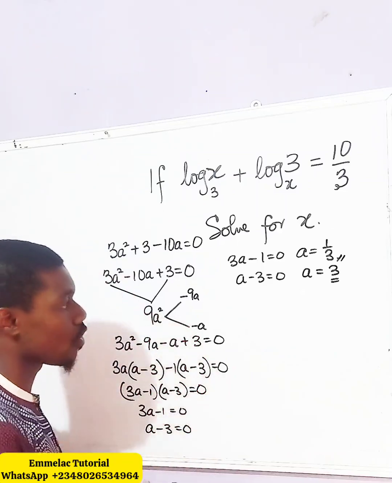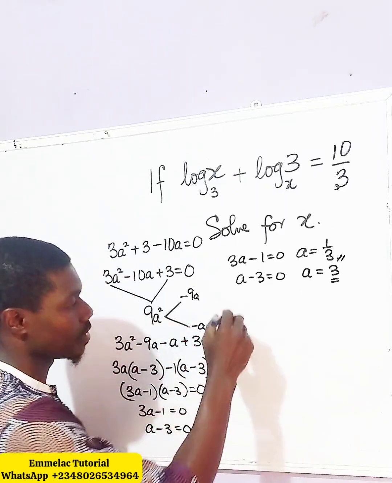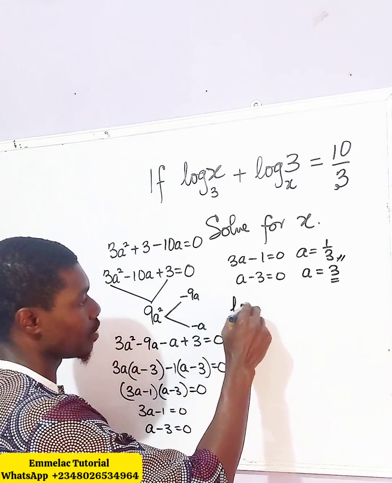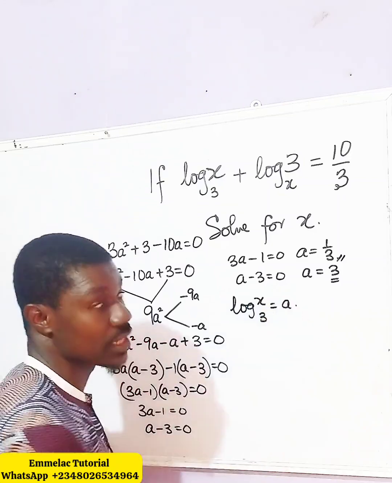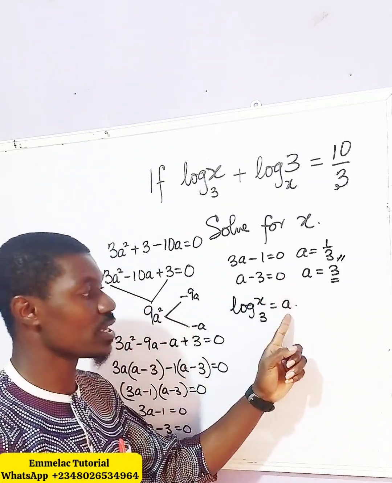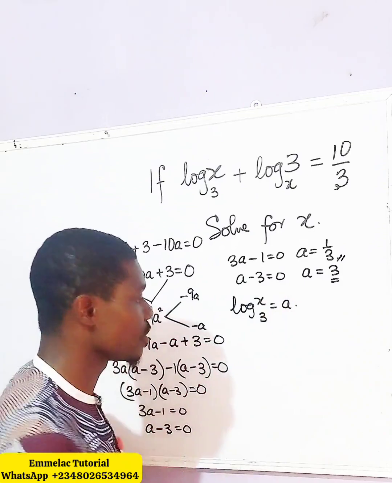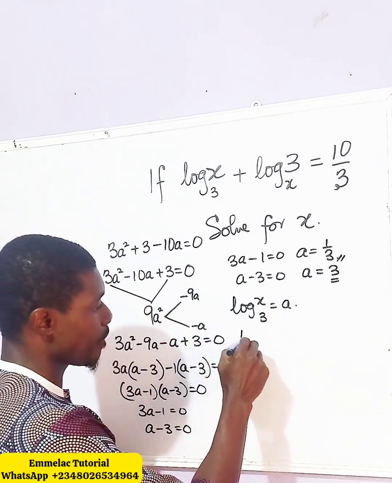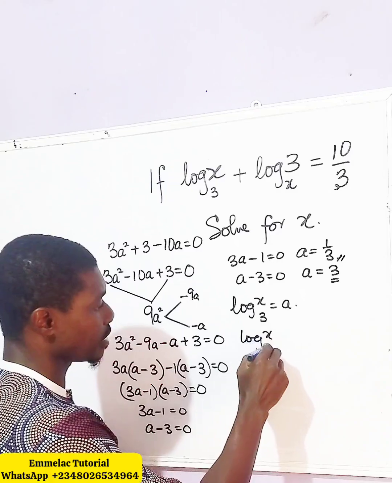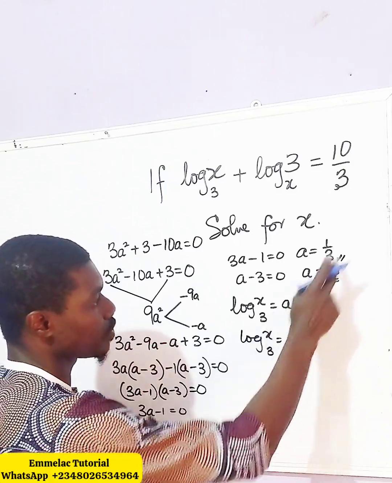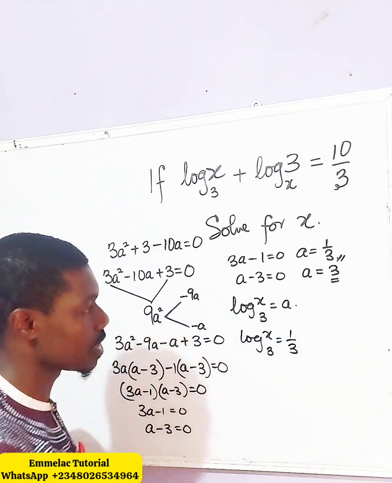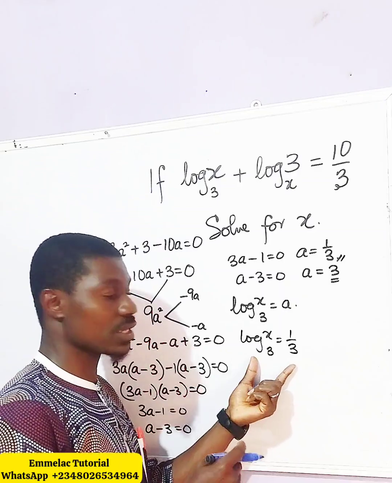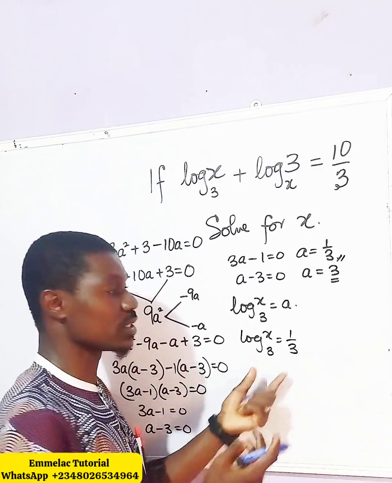Now take note that we are actually looking for the value of x and not a. So let us recall that we said let log x base 3 equal a. So for every value of a, we have to replace it here. For the first one, log x base 3 equals 1 over 3. Let us convert it to exponent form.